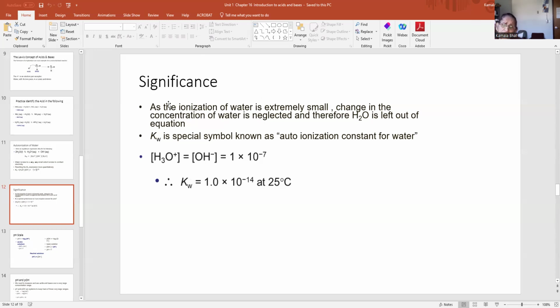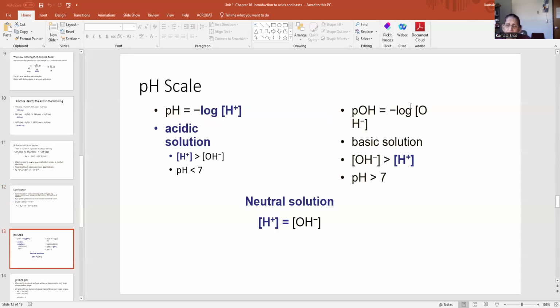And before we go further to define an acid or base, I want to do a brief, quick introduction to the pH scale. pH stands for the negative logarithm of the hydrogen ion concentration to the base 10. Now, for neutral solutions, we know that the concentration of hydrogen ions is 10 raised to minus 7, and the OH- concentration is also 10 raised to minus 7.